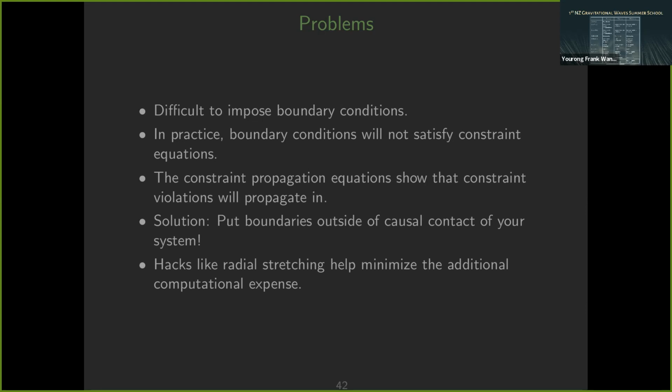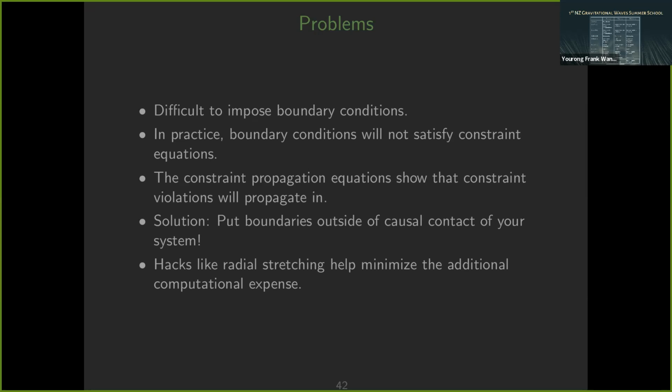And there are hacks within code bases like the Einstein toolkit that allow this to be tractable. So things like doing a radial coordinate transformation as you're going far away. Instead of just using a fixed radial grid, for example, you slowly increase the distance between neighboring points, because there is not as much dynamics happening the further away you go as opposed to really close to the black holes.